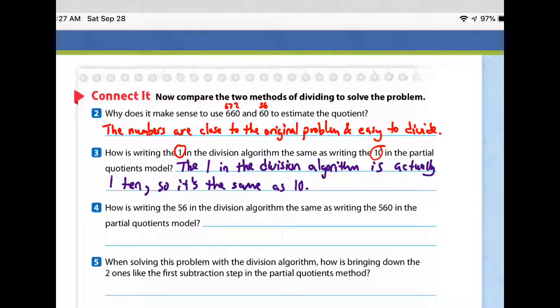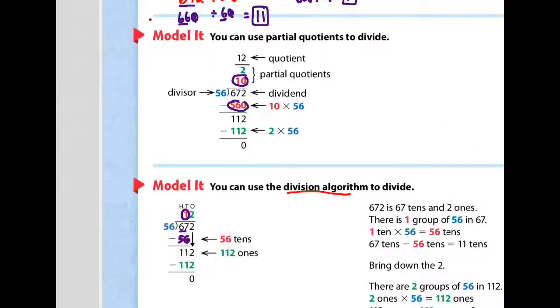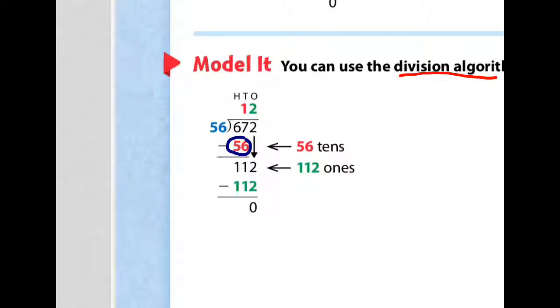Now 4 says, how is writing 56 in the division algorithm the same as writing 560 in the partial quotients model? So let's go and look over here. Let me erase some of my junk from before. So how is writing the 56 here the same as writing the 560 here? Well, I want you to take a look at the division algorithm. When we write the 56, you see how it's underneath the 67, which is hundreds and tens.